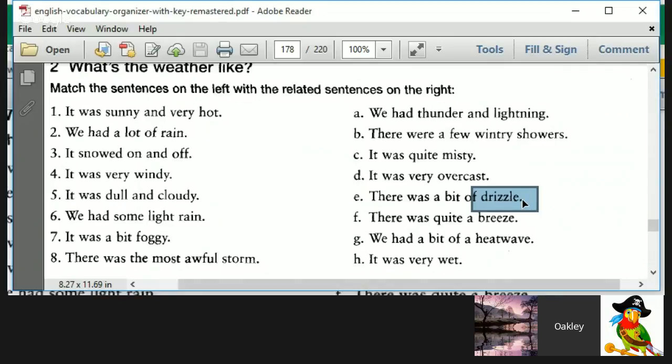As an American, for me, a drizzle is a specific kind of rain where very big drops of water come down, plip, plip, and they're spread out. So it's intermittently hitting the ground.